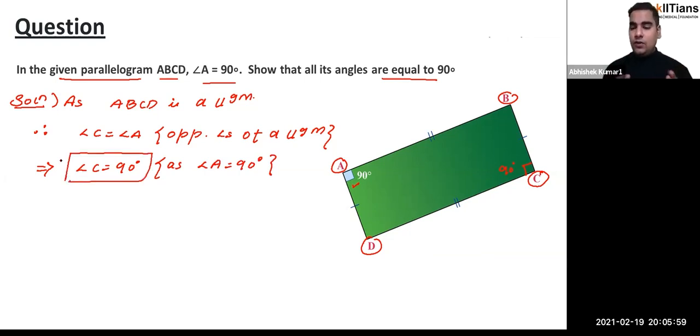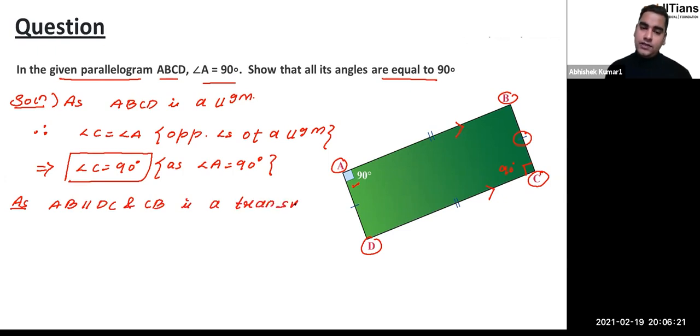Now, in any parallelogram, the sum of co-interior angles is always 180 degrees. Because it's a parallelogram, AB will be parallel to DC, and this line is going to act as a transversal. So as AB is parallel to DC and CB is a transversal, we can say angle B plus angle C equals 180 degrees, co-interior angles.